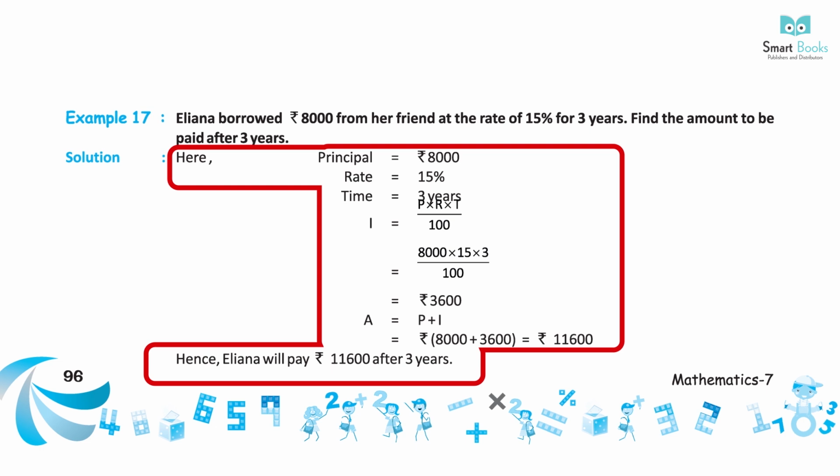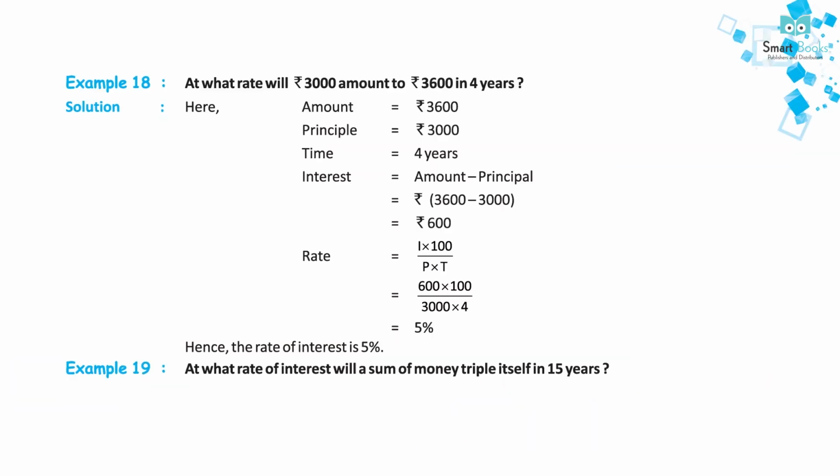I is equal to P into R into T upon 100, which is 8000 into 15 into 3 upon 100, which is rupees 3600. A is equal to P plus I, which is rupees 8000 plus 3600, which is rupees 11600. Hence, Ilyana will pay rupees 11,600 after 3 years.